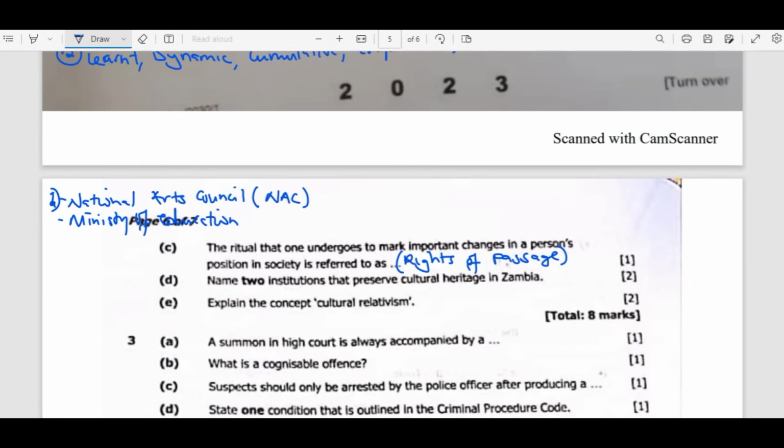Apart from Ministry of Education, we can also give Ministry of Tourism. That is where we find now museums, because also they preserve cultural heritage. And then apart from that, the other institution that we can find there is International Cultural Cooperation.